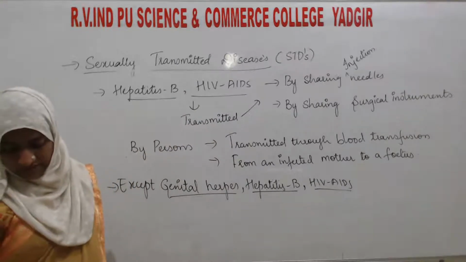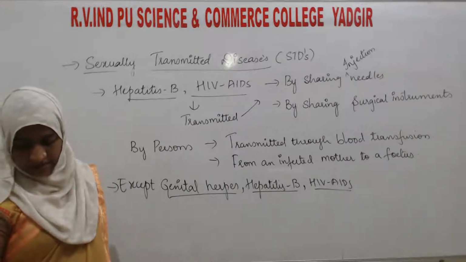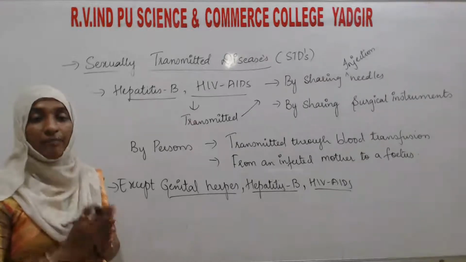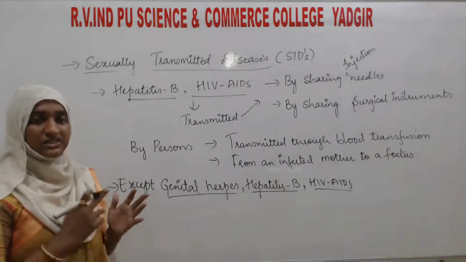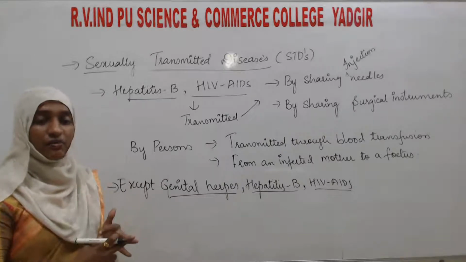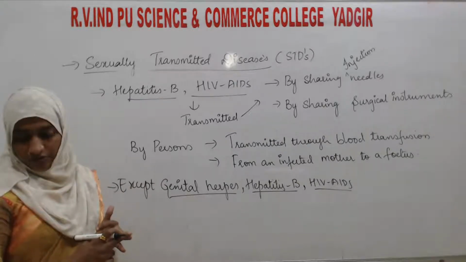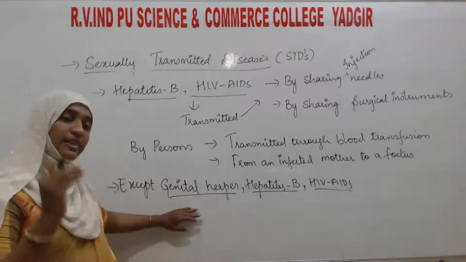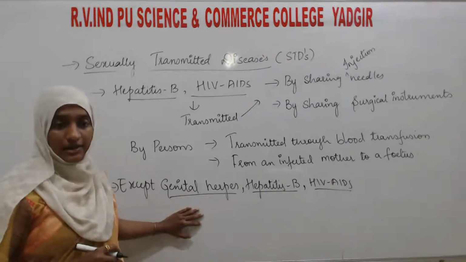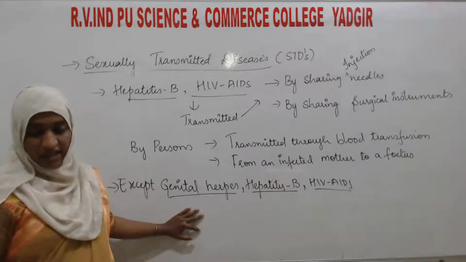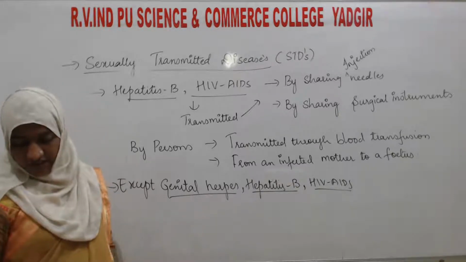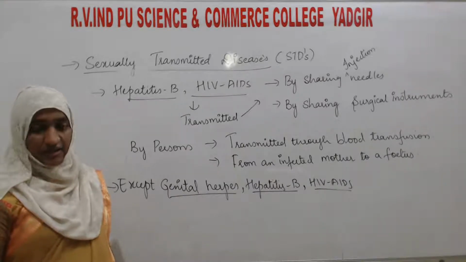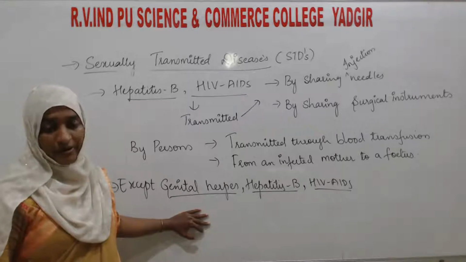Except these three diseases, other diseases are completely curable if they take proper treatment, such as syphilis, gonorrhea, genital warts, chlamydiasis, trichomoniasis. All these diseases can be cured if treated early. If detected early, they can also be treated properly.